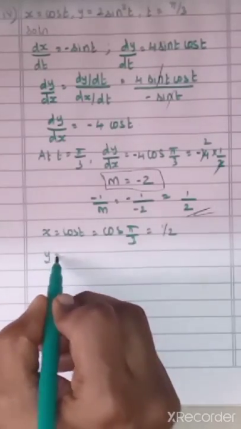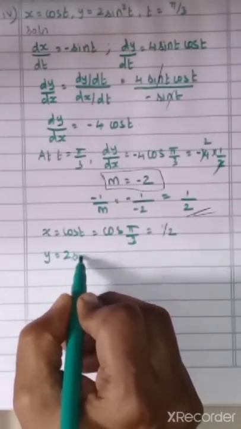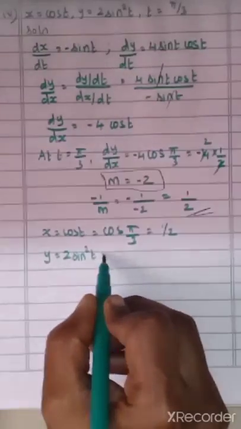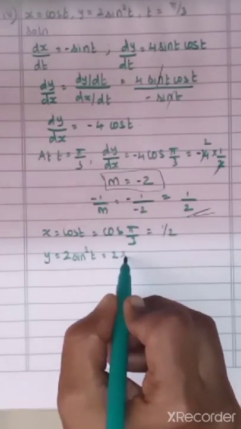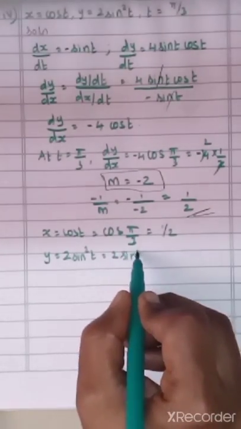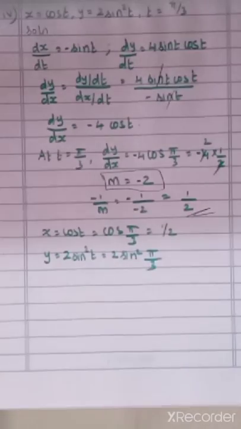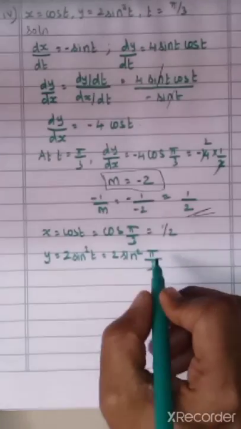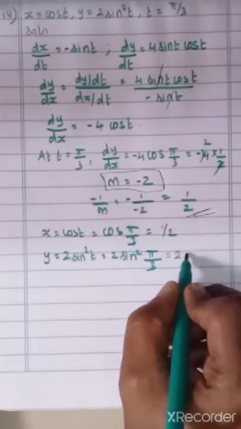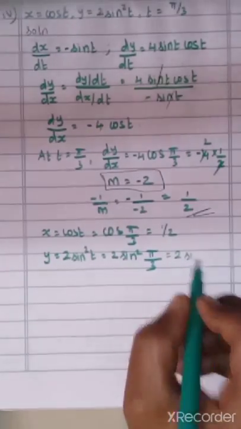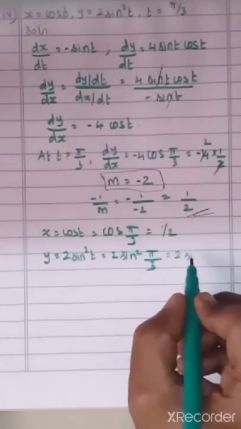Now y value. What is y? 2 sin square t. That is 2 sin square pi by 3. What is sin pi by 3 value? Sin pi by 3 is root 3 by 2.